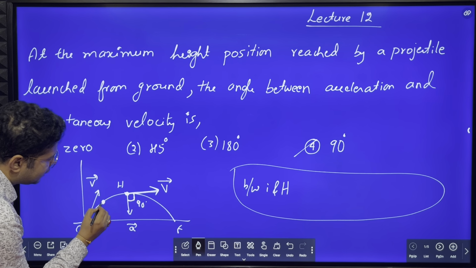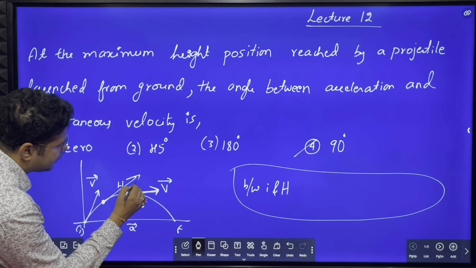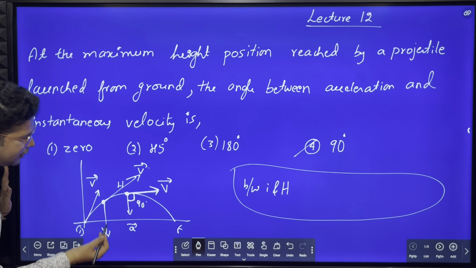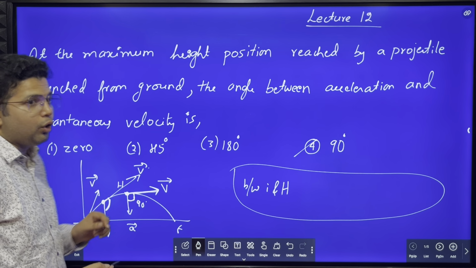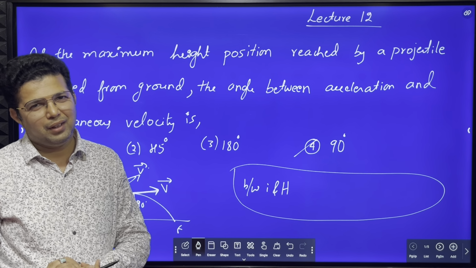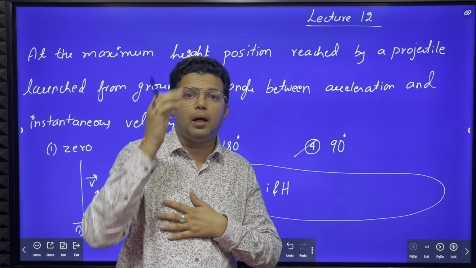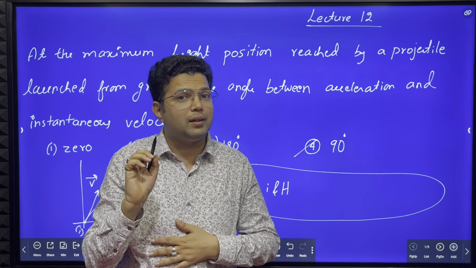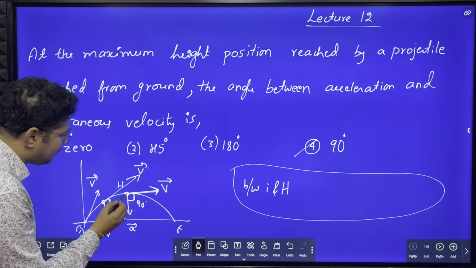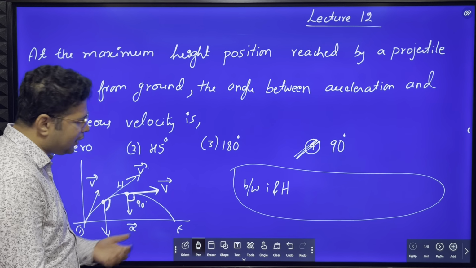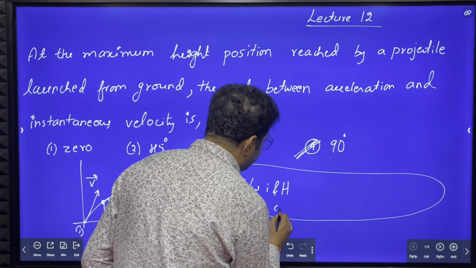This is the direction of velocity. What is the direction of acceleration? Acceleration is downwards. So the angle is obtuse. Between I and H, till the projectile reaches the maximum height, the angle between velocity and acceleration is obtuse. At the maximum height, the angle is 90 degrees.